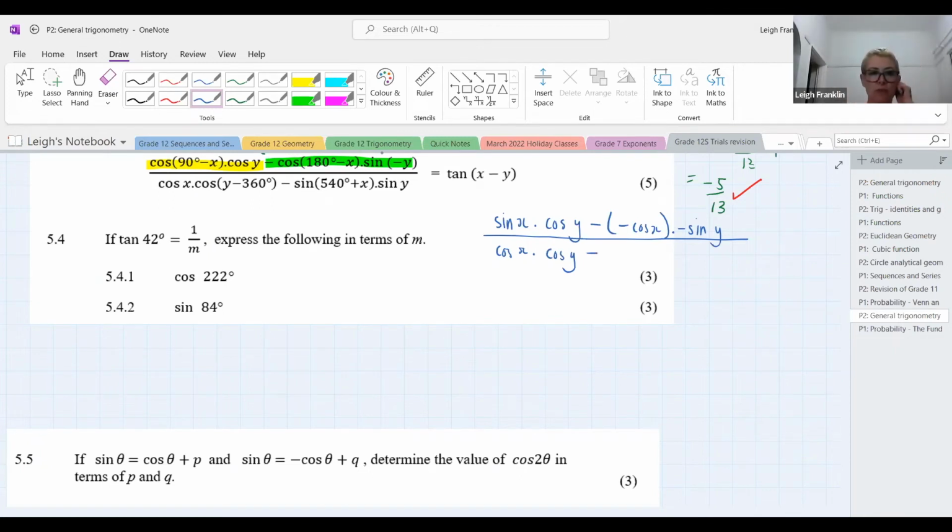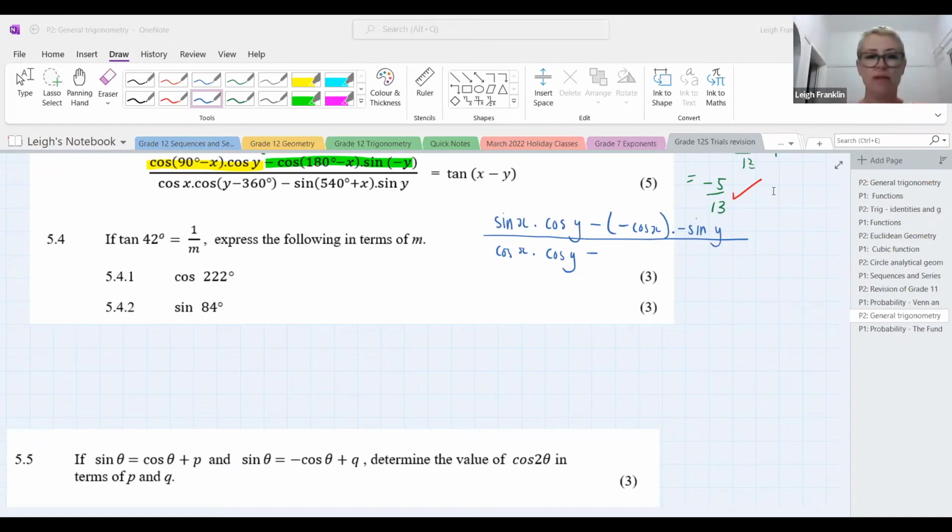If we've got 540 plus x, what would we need to do to the 540? We would minus 360, absolutely.